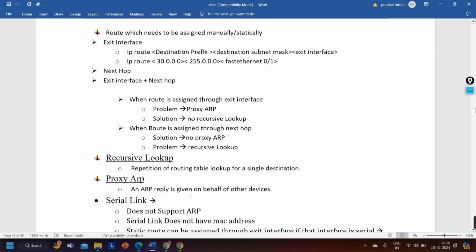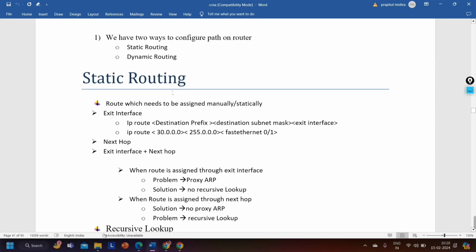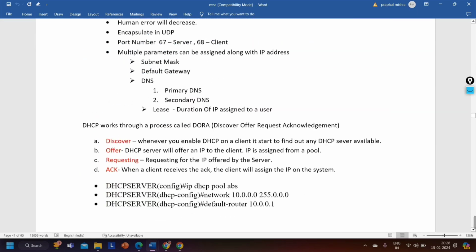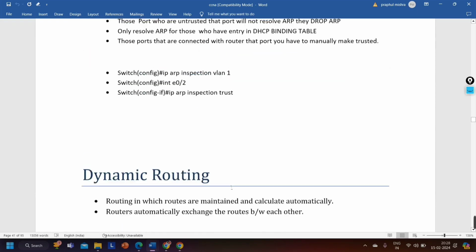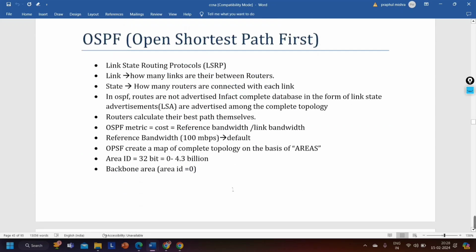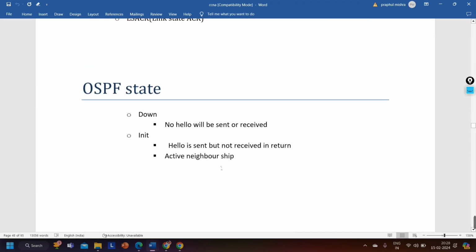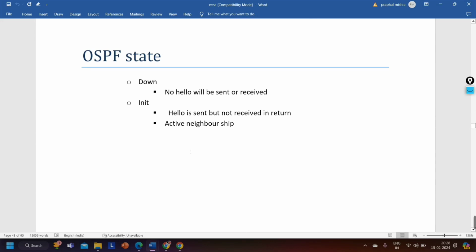Then you have routing. In routing, we have two types: static routing and dynamic routing. First we will see static routing, then dynamic routing. In dynamic routing, we have several types of protocols like OSPF, a very important routing protocol. Nowadays most of the companies are using OSPF as their IGP protocol in real time.